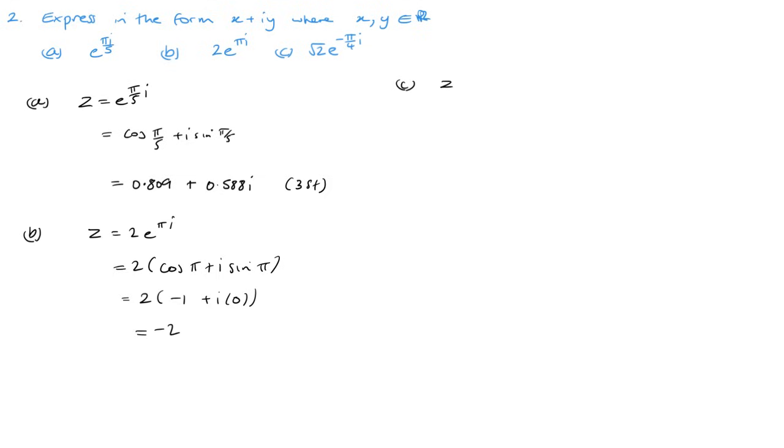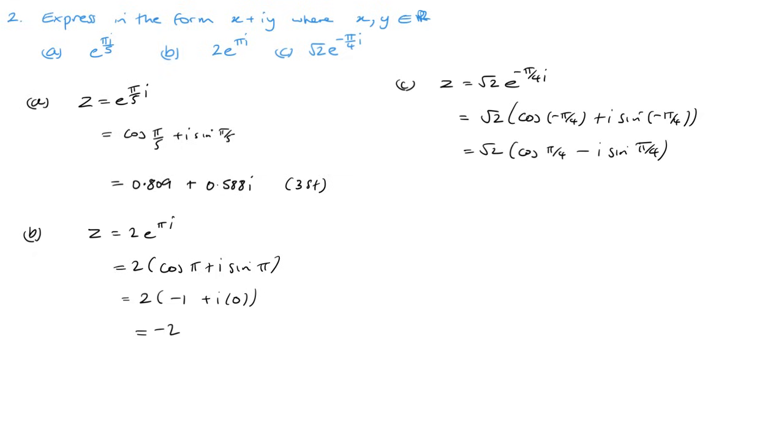Now let's look at C. So we've got root 2 e to the minus pi by 4i. So that is going to be root 2 times cos of minus pi by 4 plus i sine of minus pi by 4. So that's root 2 times cos of pi by 4. We don't have to do this step, but I'm just changing them into their positive versions there. So root 2 is times by 1 over root 2.